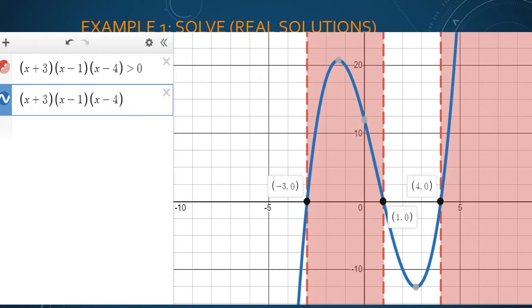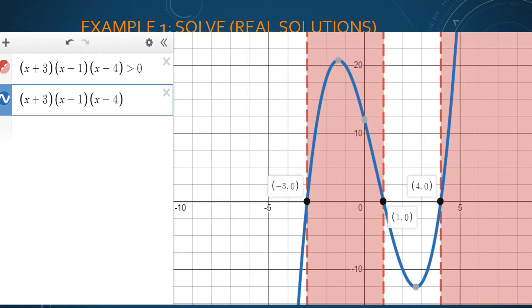So there's a graphic of our solution, and you can see that blue graph. That is our polynomial, that's our cubic. We learned how to graph those in the last unit. And those red sections, those are the solutions.